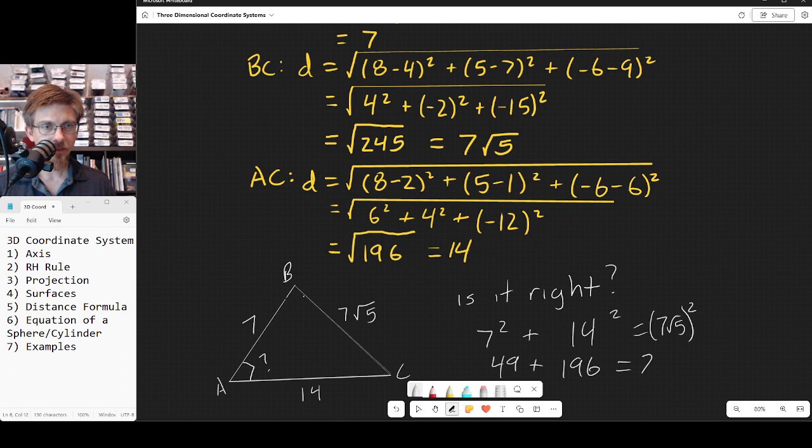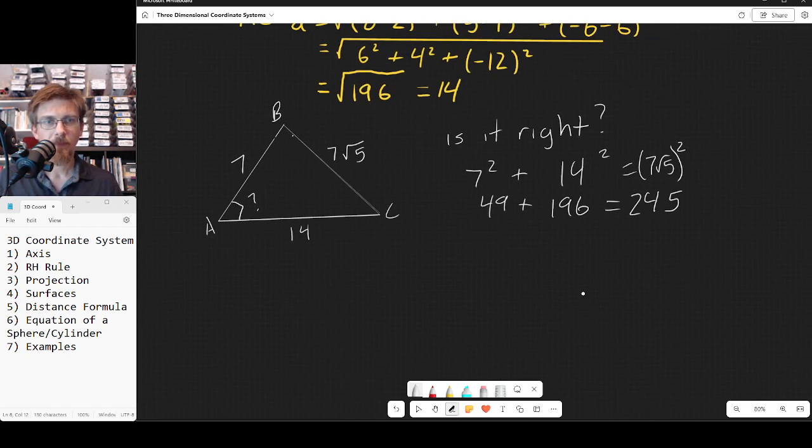So that's going to be 245. And is 49 plus 196 equal to 245? It certainly looks like it. 9 plus 6 is 15, I got 5, carry the 1. 1 plus 4 plus 9 is 14. And we got 245. And so yes, it's a right triangle. So this is a right triangle in 3 space.